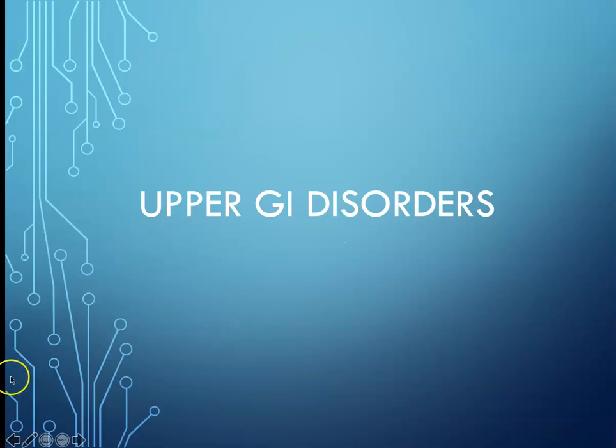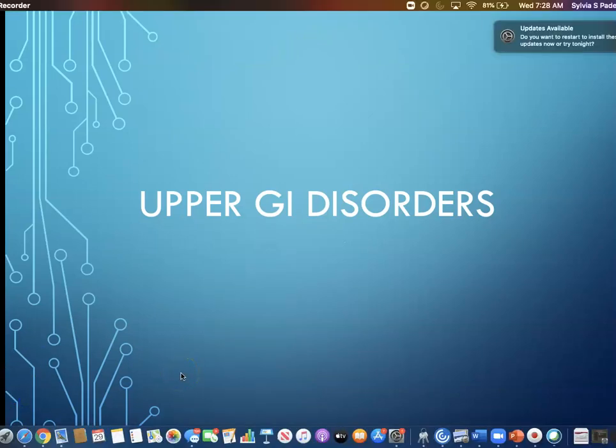Okay, so some of the intestinal disorders include the hernias, and the epidemiology for hernias is there are 700,000 inguinal hernia repairs performed in the United States.